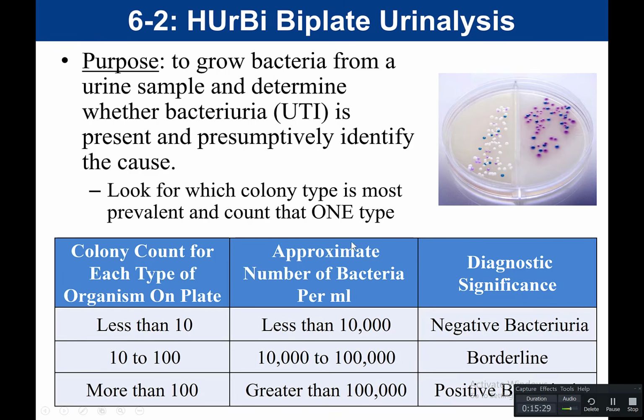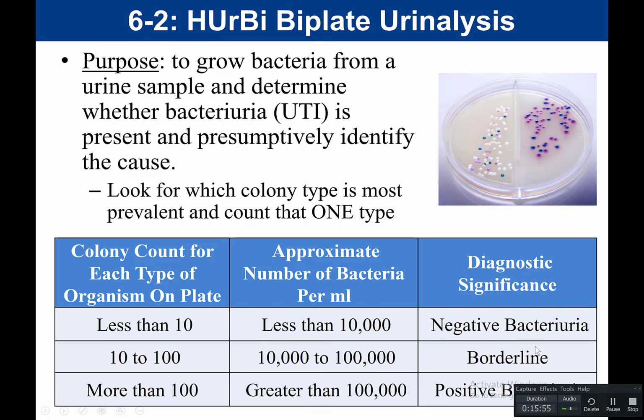And so if there are less than 10 of any one colony type, that tells us that there is less than 10,000 bacteria per milliliter. And your diagnosis then would be negative for bacteriuria. If there's between 10 and 100, that means that there's between 10,000 and 100,000 bacteria per milliliter.